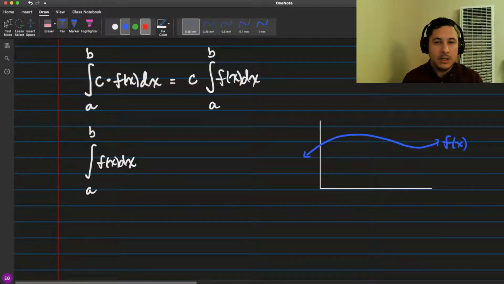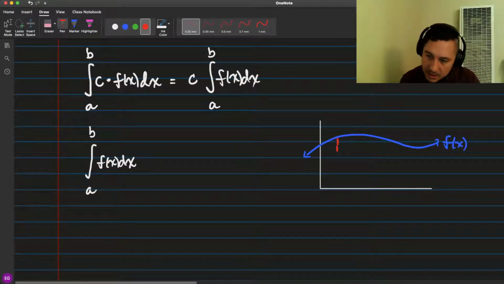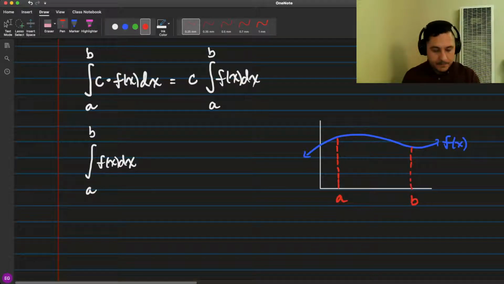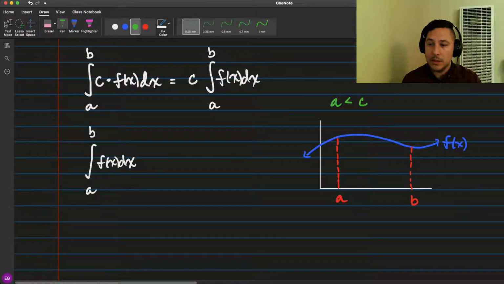And we're going to find the area between A and B. So let's choose a number C that's between A and B. Like this.